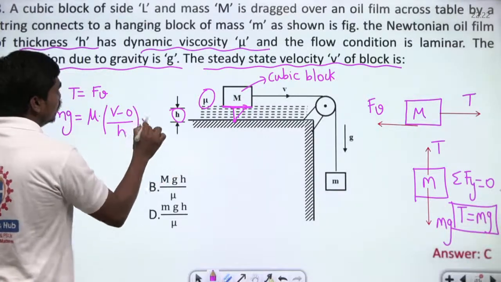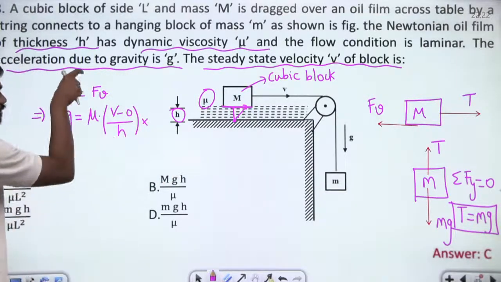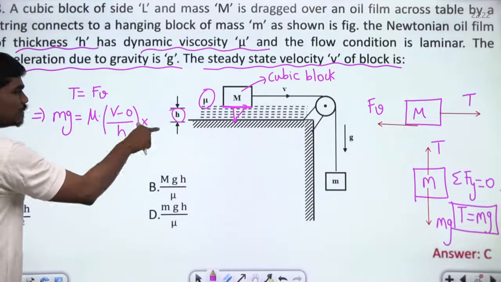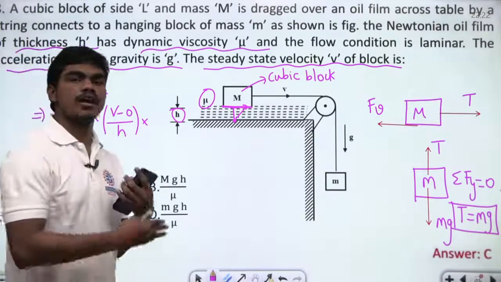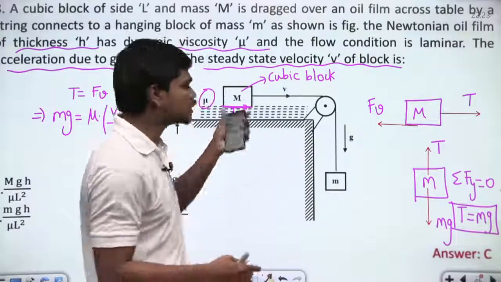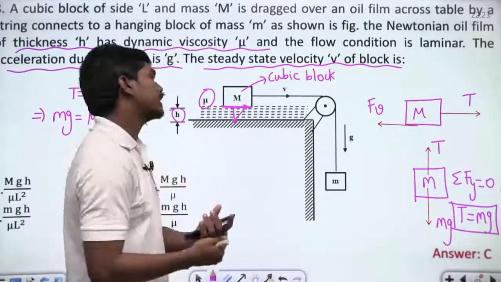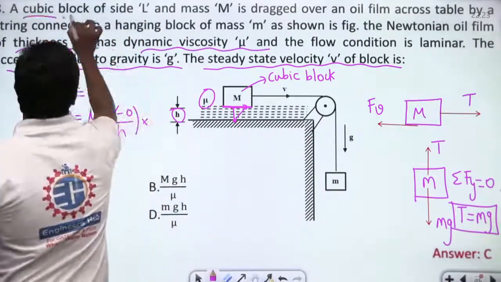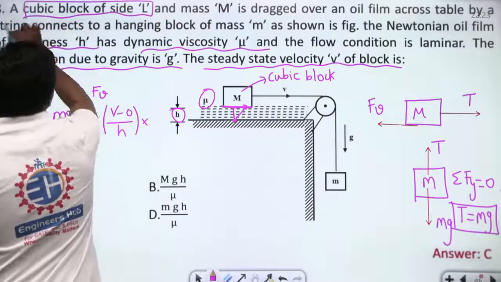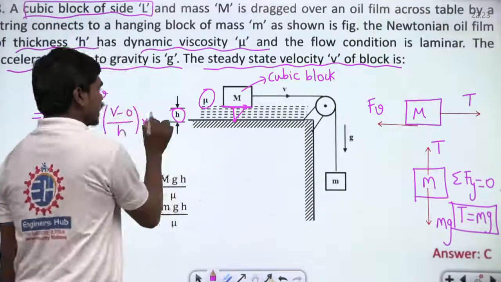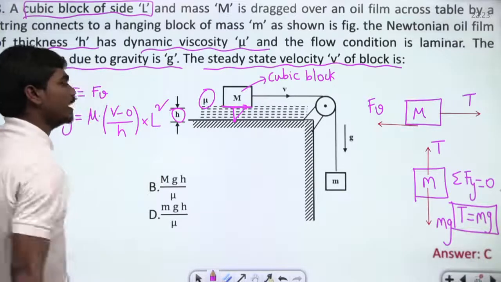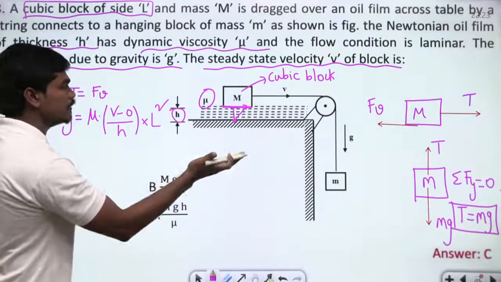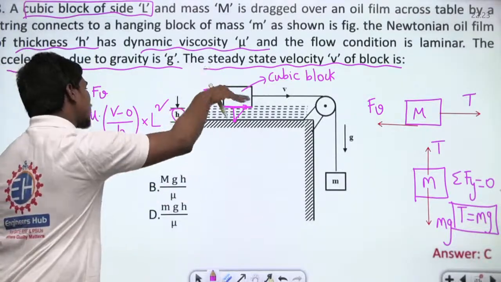This is shear stress, but we are dealing with force, so we need to multiply this with the area of the solid that is in contact with the fluid. If this is a cubic block of side L, then what will be the area in contact? Definitely L square, because the area of each face is L square and one face will be in contact with the liquid.